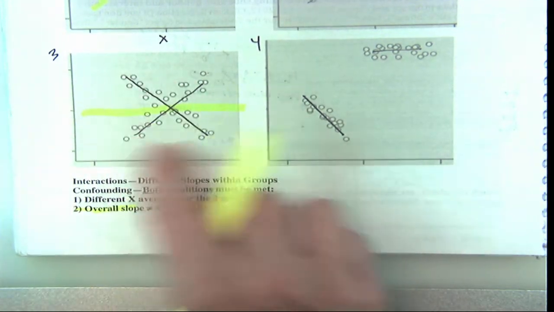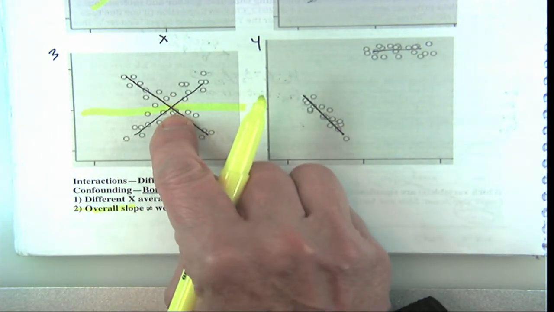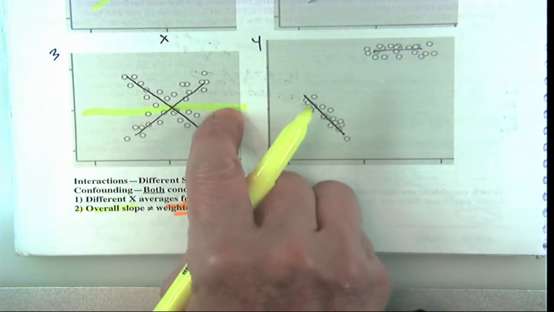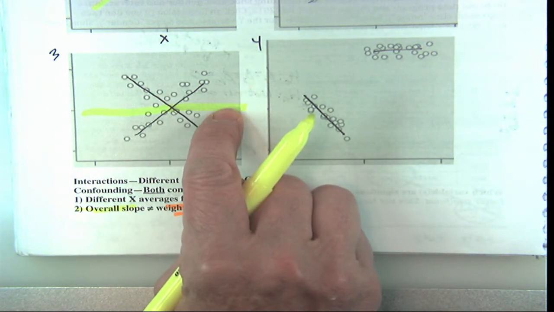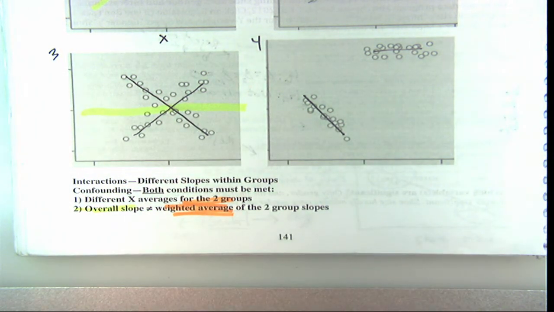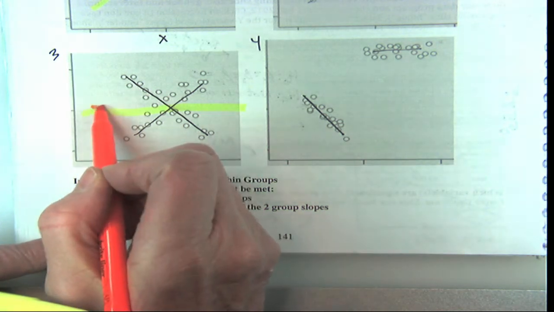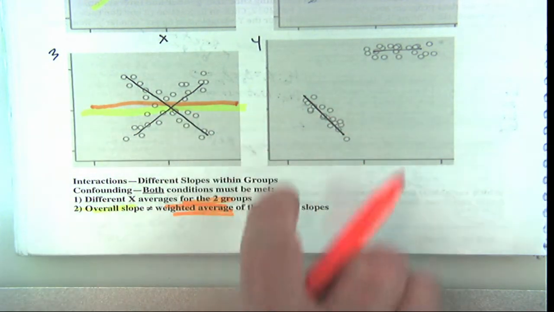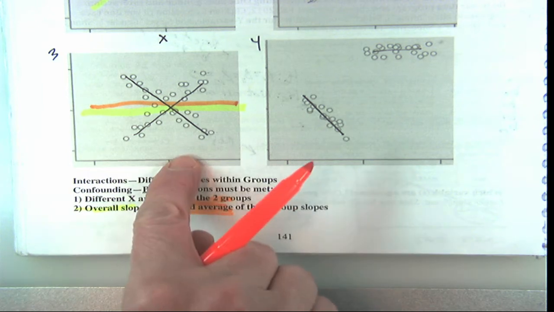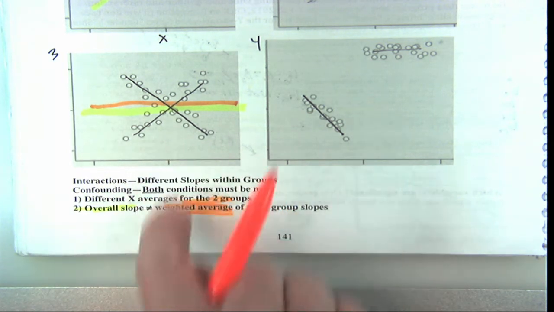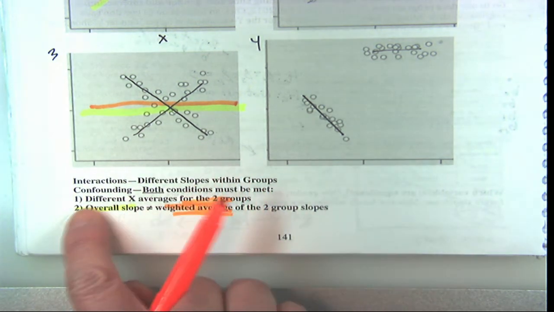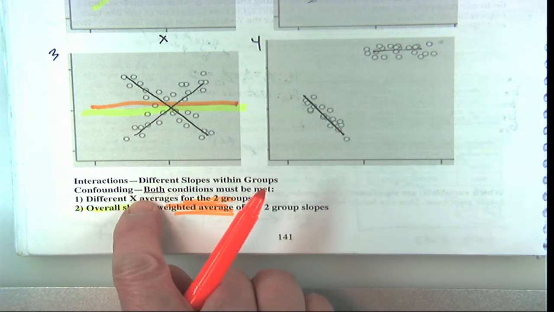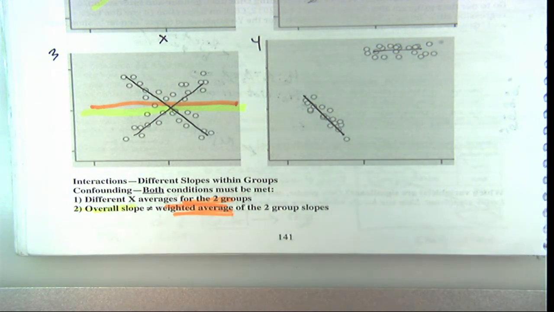It's just seeing it as, there's no overall pattern here. Does that make sense? And that's exactly the same as the weighted average of the two groups. Does that make sense to you? Okay, so that fails both conditions, but whenever it has different x averages, it can't have confounding.